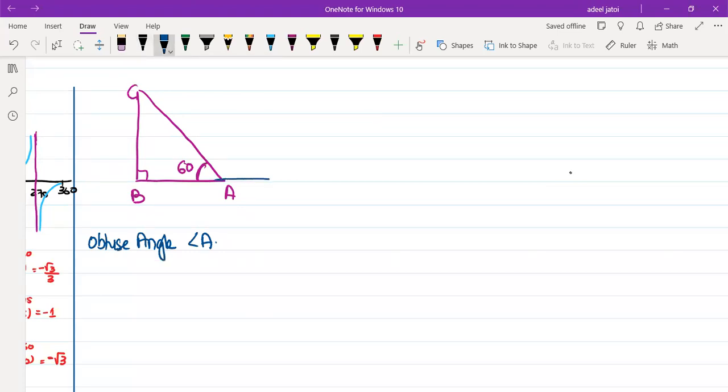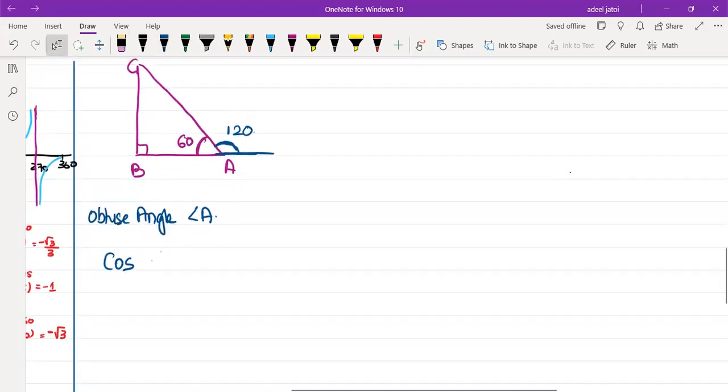Your obtuse angle A will be 180 minus 60, which is 120. So if the question says obtuse angle of cos, the answer would be cos 120 will be half, because cos 60 is half, but it will be negative.